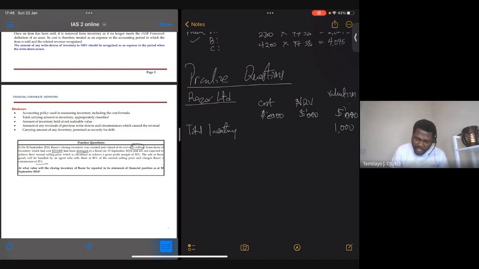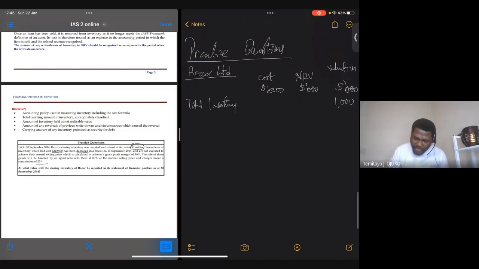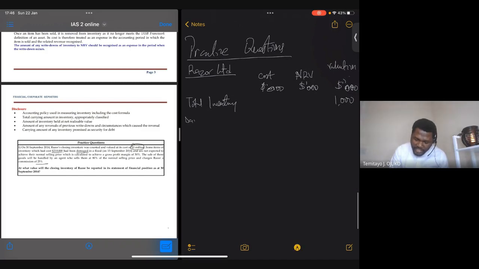And so here we are going to have damaged inventory. Now, what is the cost of the damaged inventory? Let's just call it inventory D. We don't know what it is. The actual cost of that inventory we're told is 210. That is this, right? 210.